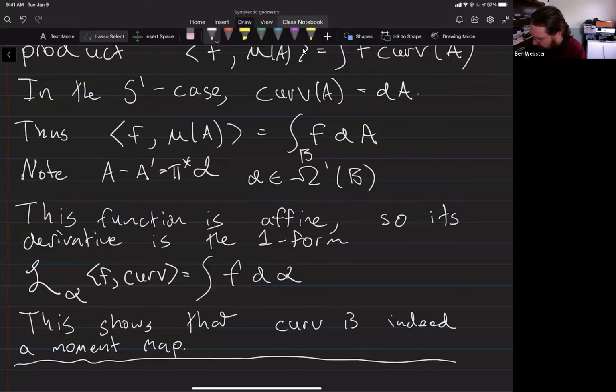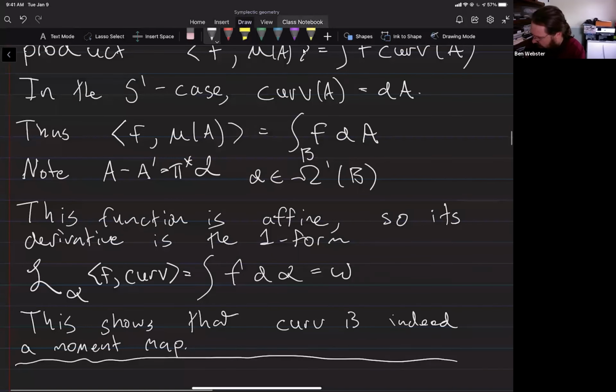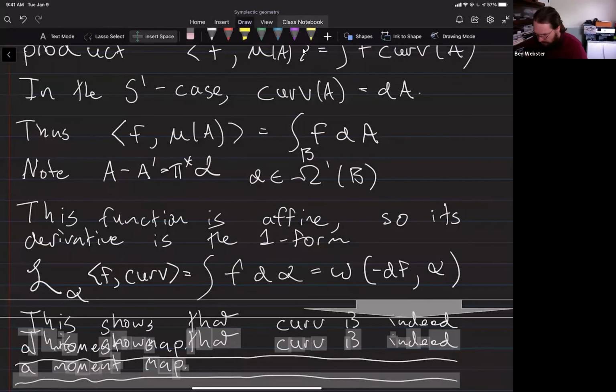And I found that this is the same as putting A into the symplectic form, minus df. And this is just another way of rewriting the moment map relation. Right.